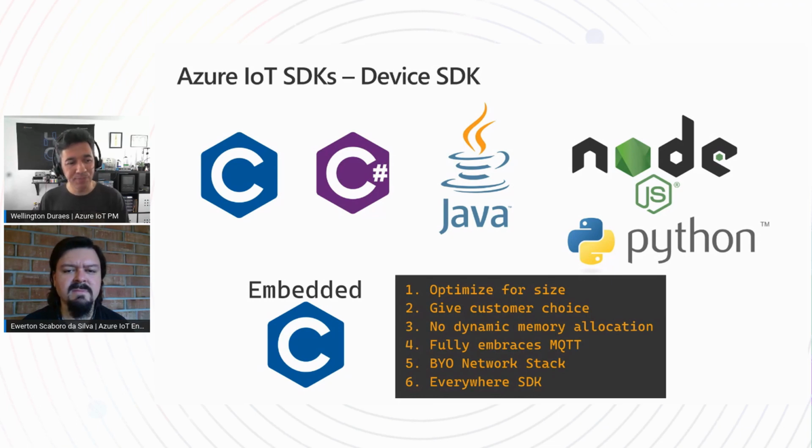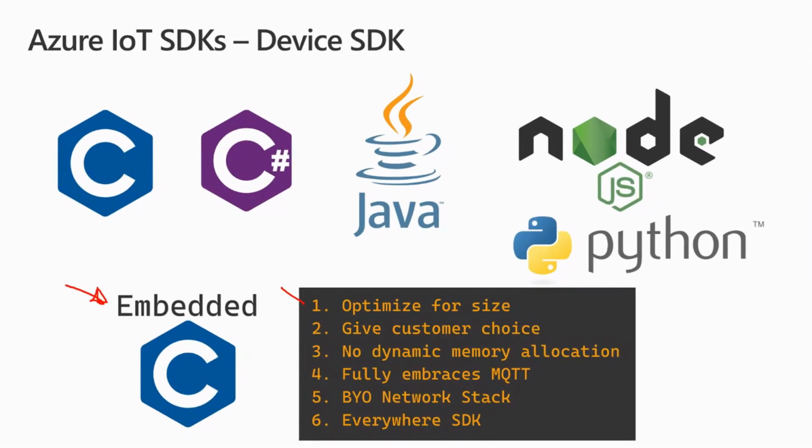On the embedded C SDK, we have some guidelines we followed when creating it. And so these are the 6 tenets of the embedded C SDK. First and foremost, optimizing for size. We kept size in mind at all times. Second, giving the customer choice. And then avoiding dynamic memory allocation.